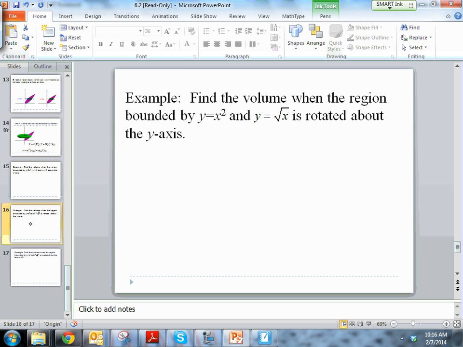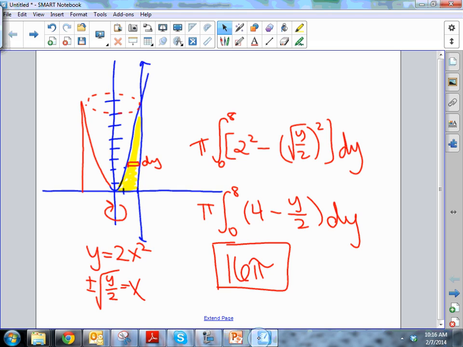We want the volume of the region bounded by y equals x squared and y equals the square root of x, and we're rotating it about the y-axis. What does this look like?